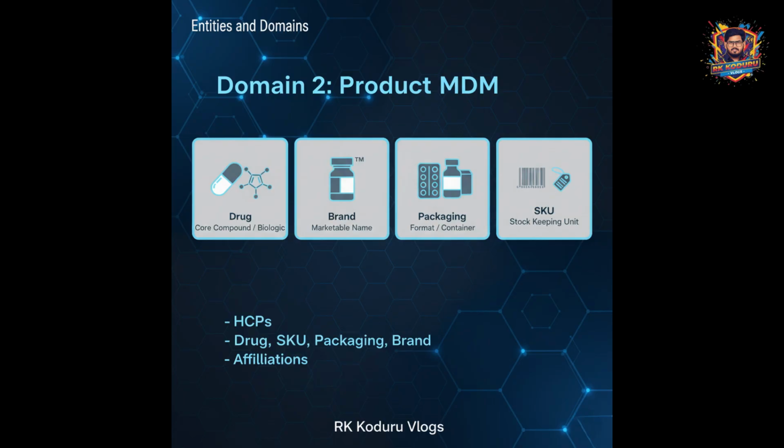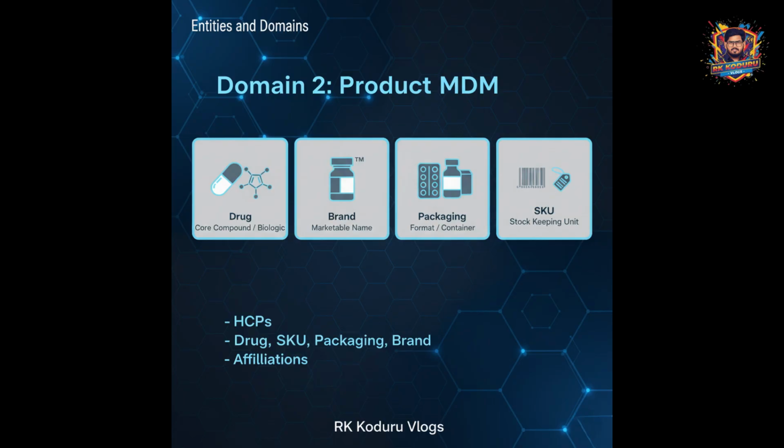Next, product MDM. This is everything about the thing you research, make, and sell. The entities include the drug, the core chemical compound, biological or active pharmaceutical ingredient; the brand, the marketable name like Advil or Lipitor; and the packaging. A 30-day bottle is different from a 90-day bottle, which is different from a blister pack, which is different from IV bottles, vials, and other packages.